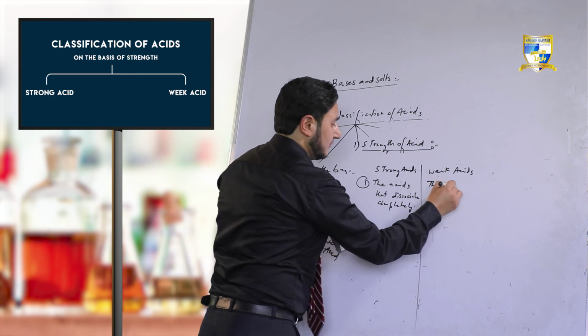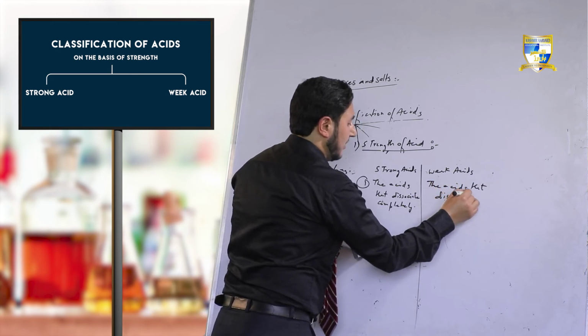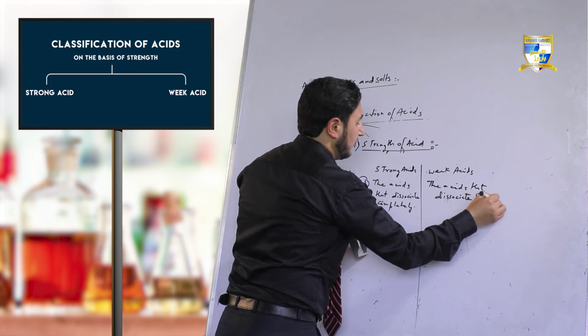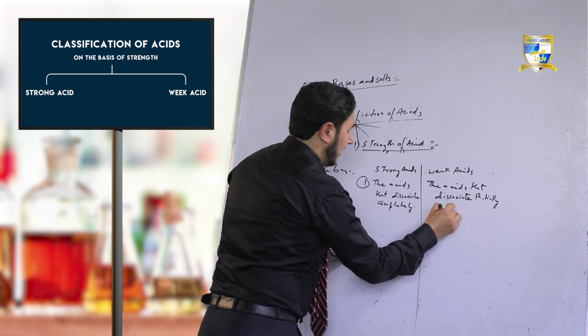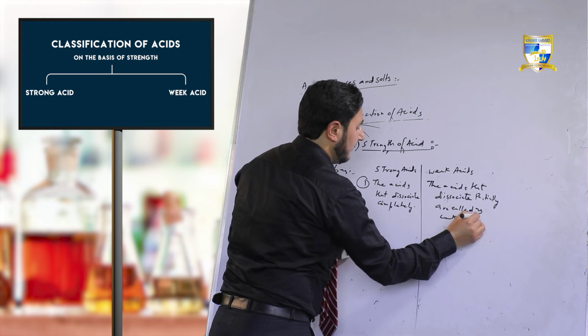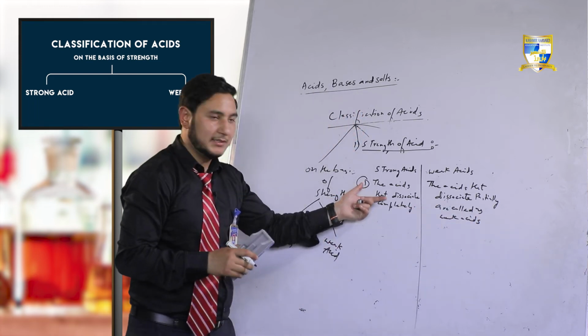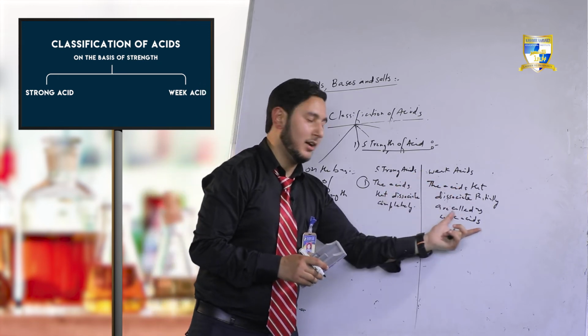The acids that dissociate partially, not fully, like for example CH3COOH, are called weak acids, being the first point of difference between them.